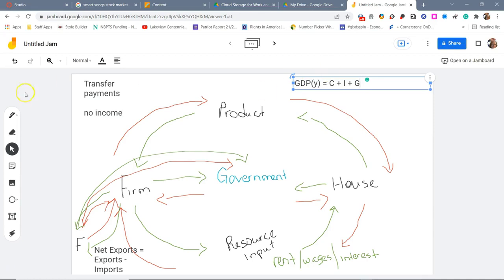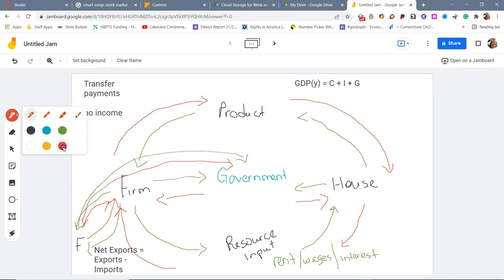So they kind of go like this. Government pays for and gets a resource. They spend, and it kind of goes the same way. It's a double edge.